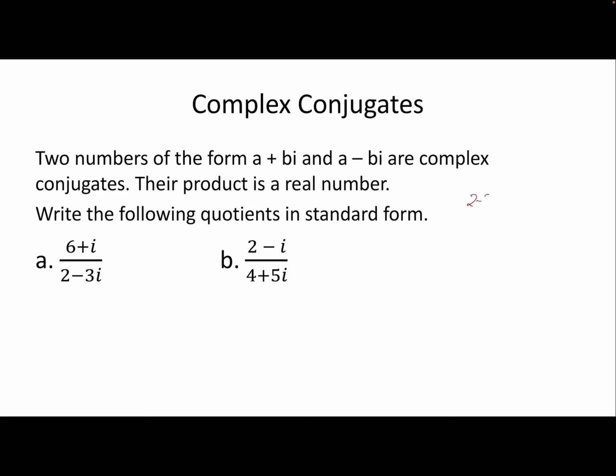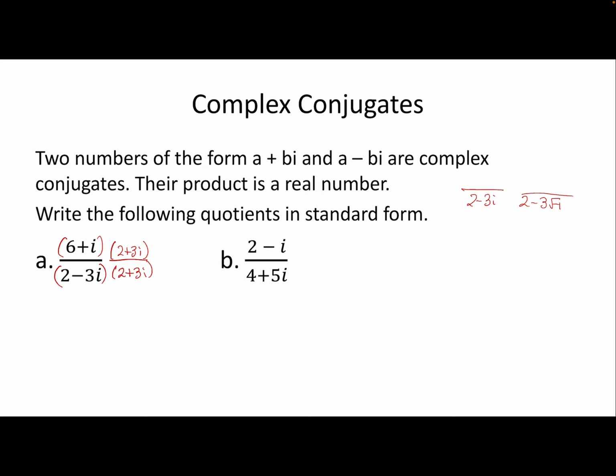Remember that 2 minus 3i is the same thing in the denominator as 2 minus 3 times the square root of a negative 1, and we do not leave irrational numbers in the denominator. So to simplify this, we will multiply by its conjugate, 2 plus 3i. Same thing, just the opposite sign. Whatever we do to the denominator, we also have to do to the numerator so that we are multiplying by the number 1.